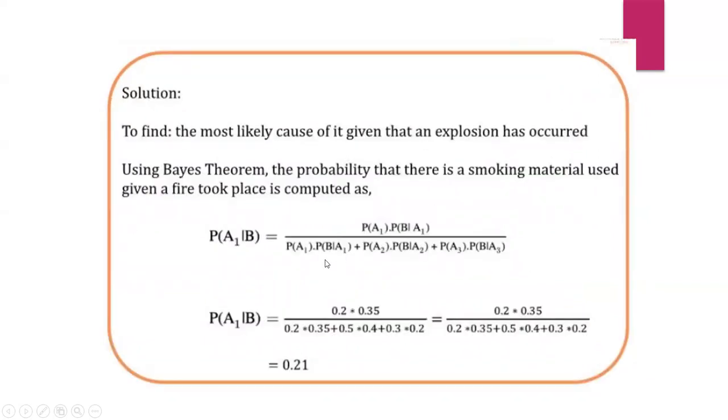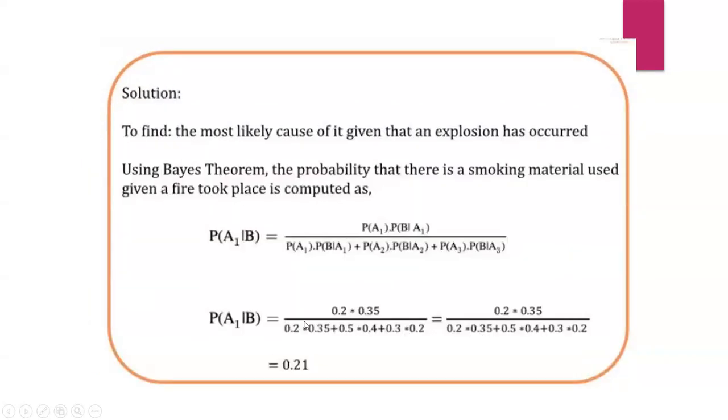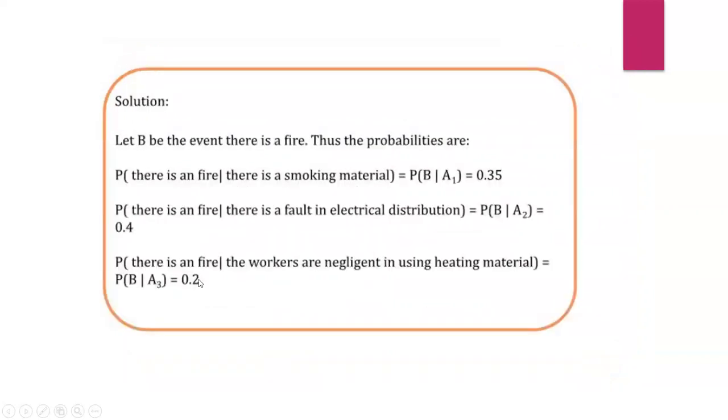So P of A1 into the probability of B given A1, plus P of A2 into the probability of B given A2, up to A3. Let us now find out the probability of A1. What is the probability of A1? 0.2. That is what is written here, into the probability of fire when there is a smoking material.